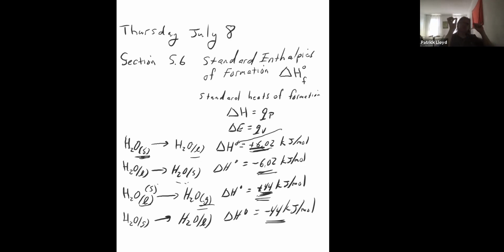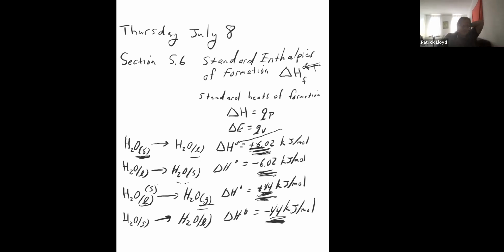That state could be a solid, it could be a liquid, it could be a gas, but we're going to define it for a particular state. And that's where the degree sign, the standard conditions, comes into play. What we're saying is the value that I'm listing and referring to is only valid under standard conditions, under standard states, okay?